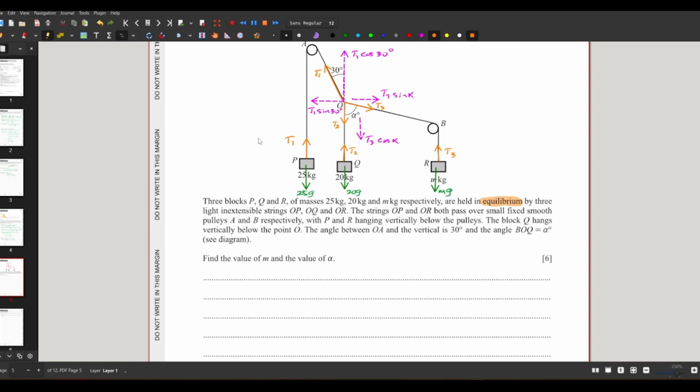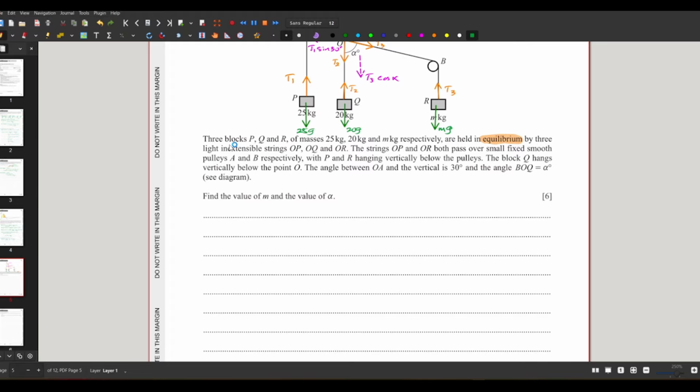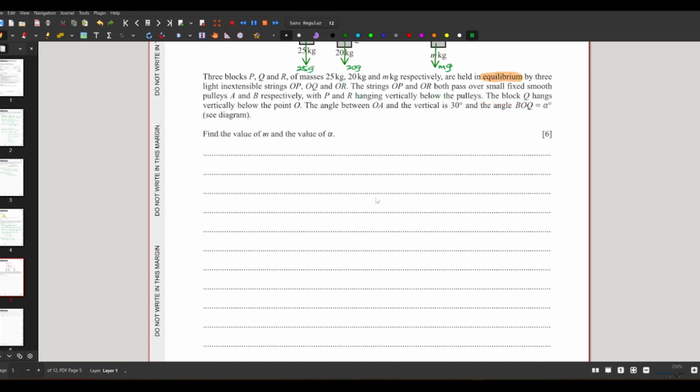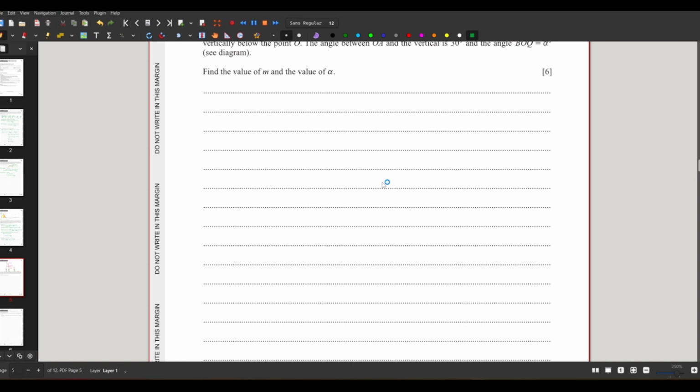Okay, now we can start the calculations. Since the system is in equilibrium here, the particles P, Q, and R are not moving. So the forces should be: T1 is 25G, T2 is 20G, and T3 is mg. So first we will write that.